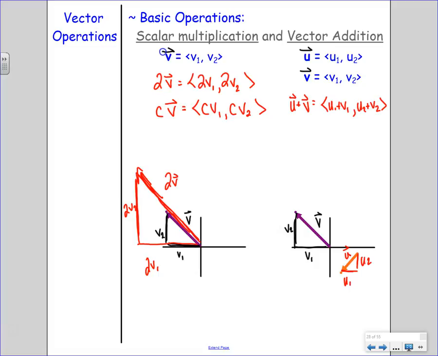How would the picture look if we tried to add the two together? We would go v1 and we would add together u1, which means this plus the little bit. So that would be u1 plus v1. And then I would do the v2 plus u2, but what's going to happen?